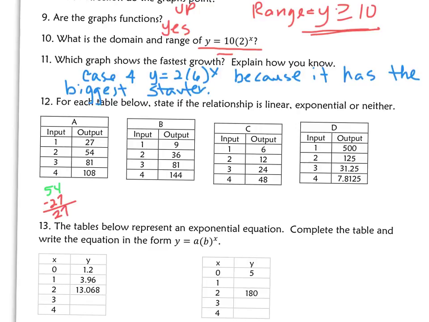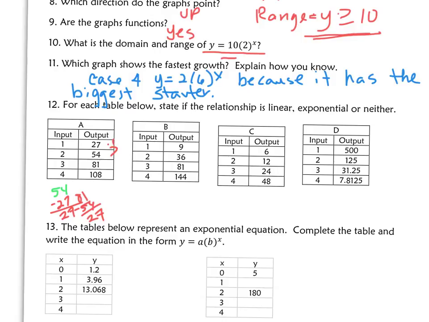Well, does that hold true, that pattern? What is 81 minus 54? It's also 27. So what's going on here is plus 27, plus 27, plus 27. We are increasing at a constant rate. We're adding 27 each time. So this one is linear.